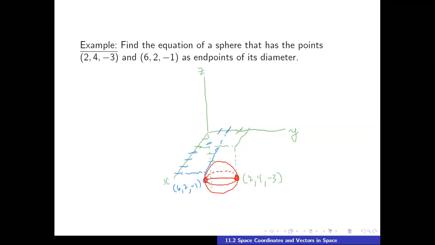Let me ask you, what is the midpoint? The midpoint between those two points is actually going to be the center of that sphere, correct? So how would I get that midpoint? All right, so that's the center. The center equals the midpoint of the diameter, which is, how would I get it?